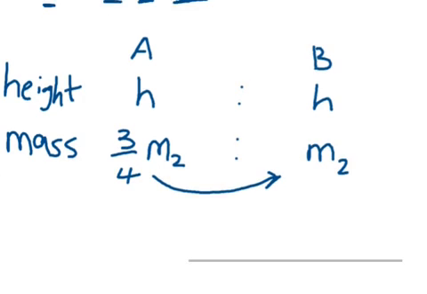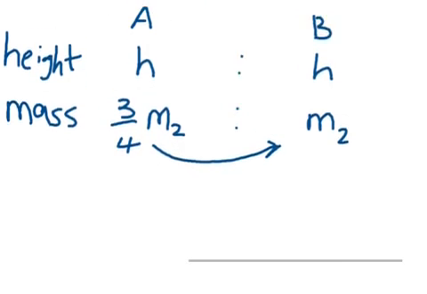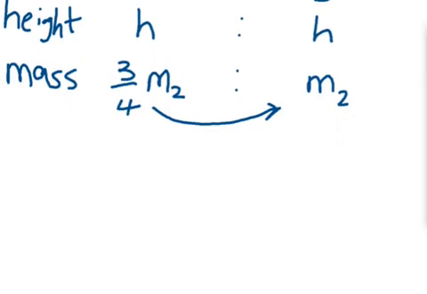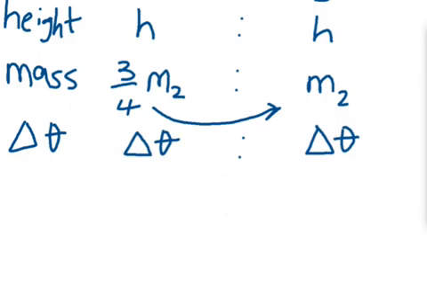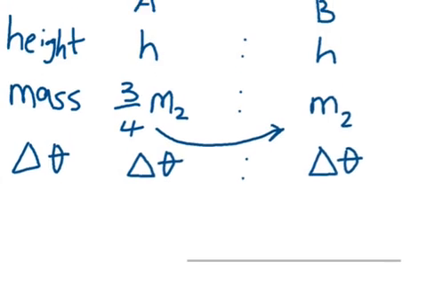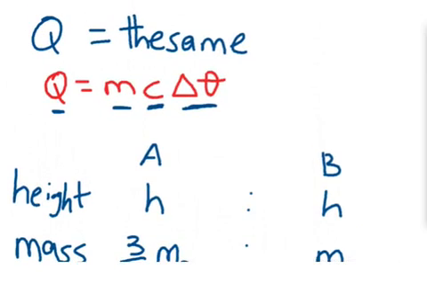Now we can also talk about the temperature rise. The temperature rise is the same, so we have change in theta ratio, change in theta is the same. Once we have brought out all the quantities present in these equations, we are good to go.